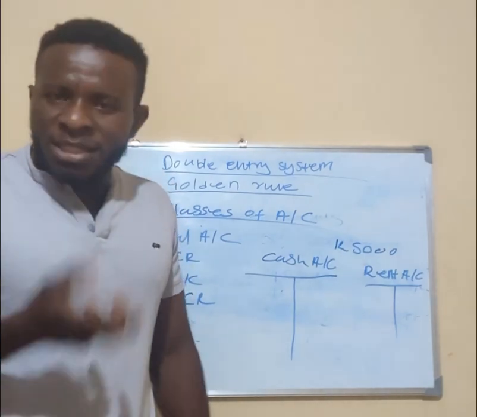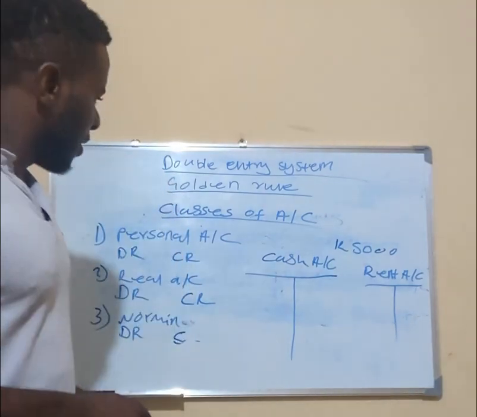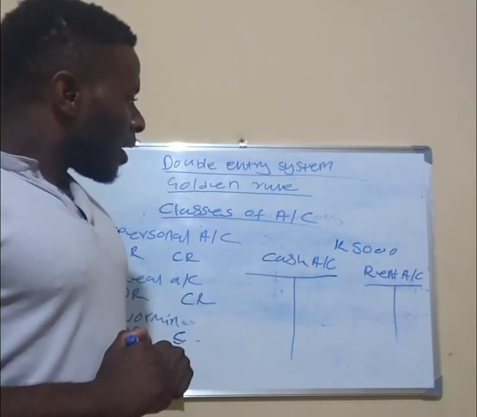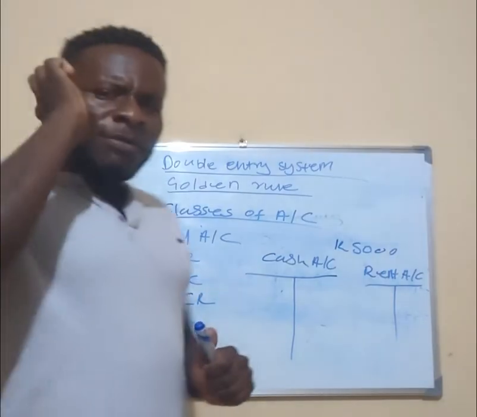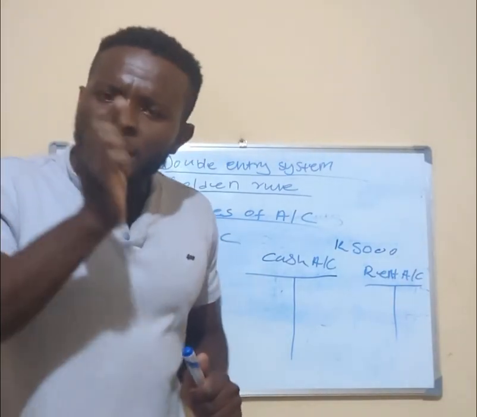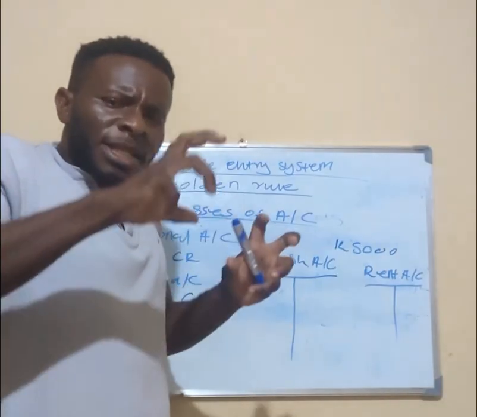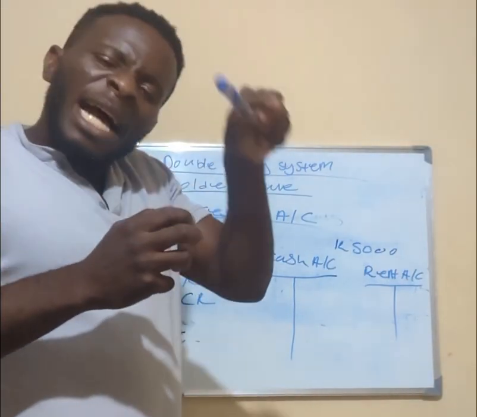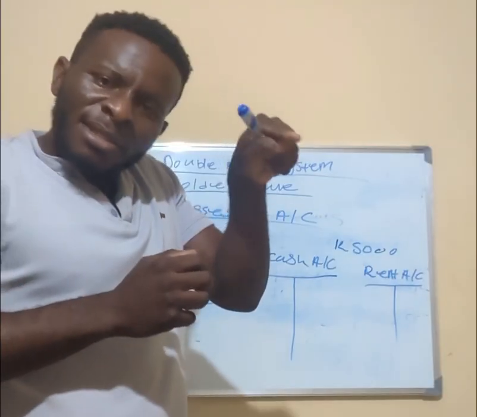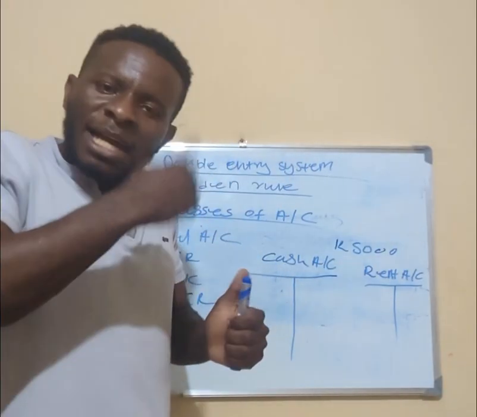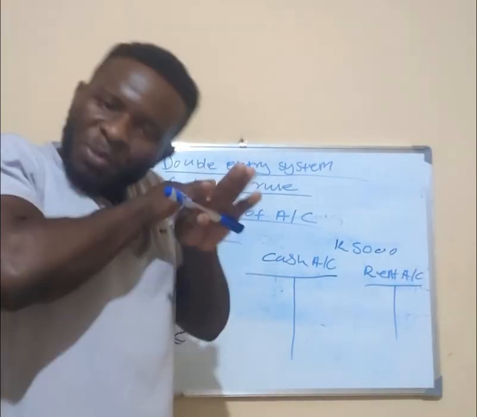There's a corresponding entry. So mind you, if you have an account that is debited, in the question that has been asked, it ends there. Just know that the other account involved should be credited.